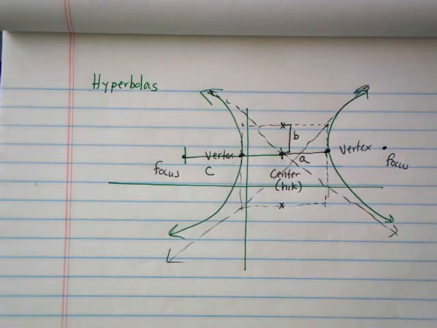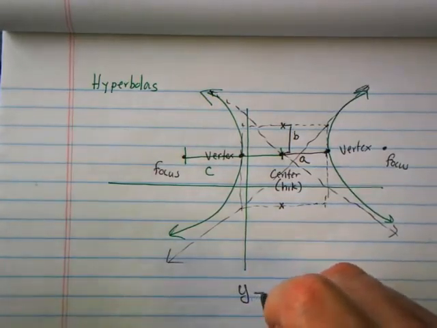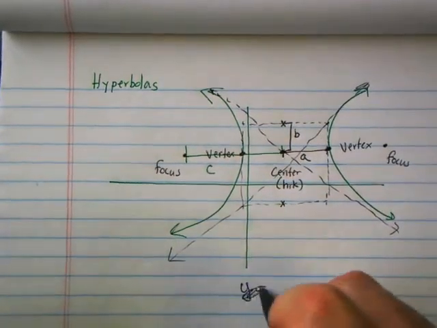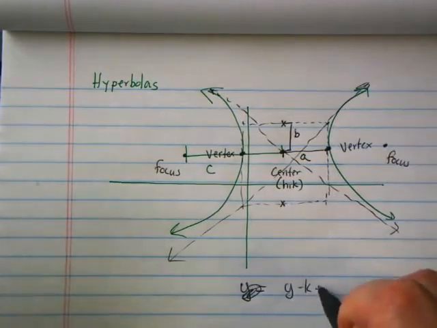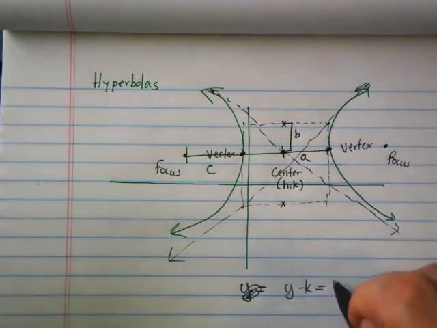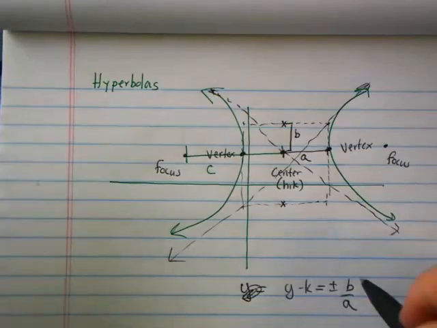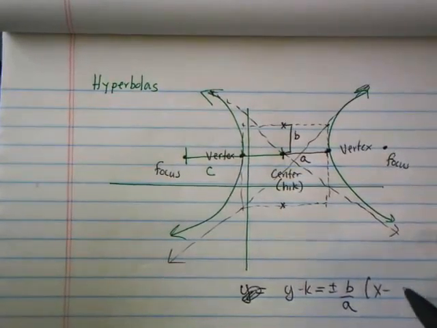And I have to look up to make sure I get the right equation here. The equation of this asymptote is y minus k equals plus and minus b over a times x minus h.